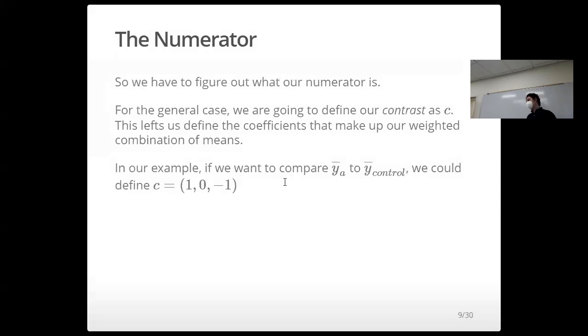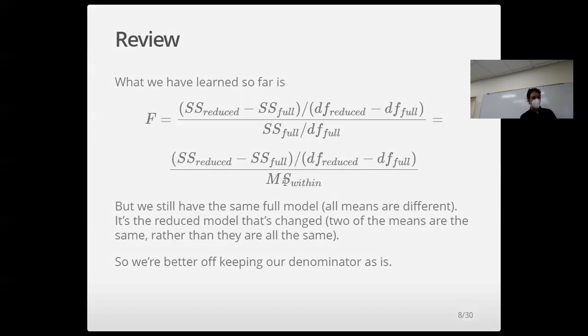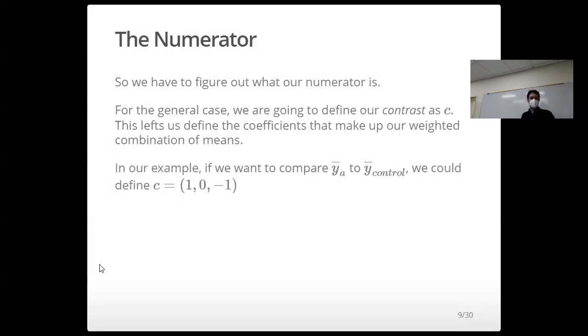So what we have to figure out is what the numerator is. Essentially, what is the sum of squares for the reduced model? For the general case, and this goes beyond just pairwise, but we can do this for pairwise too, we're going to define a contrast with the letter C. This lets us define the coefficients we want to use to make up our weighted combination.